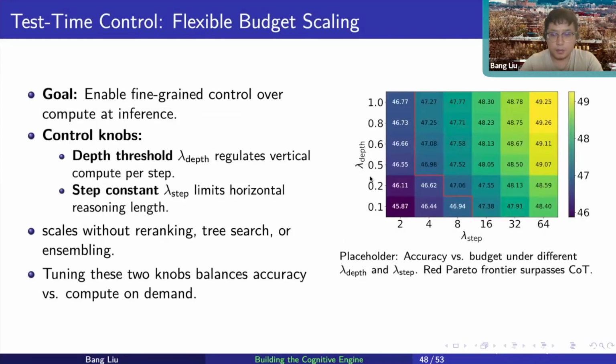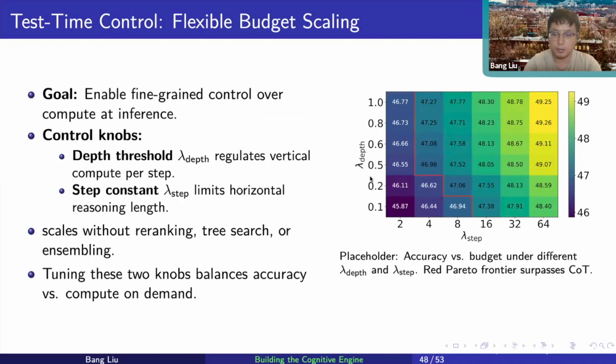Another key advantage is that we can easily control it. Let's say you have a memory reasoning model, as we described, then you have two buttons to control. One is called lambda depth, which is basically a threshold value. If the value is higher, your model must have a higher confidence to decide, okay, I know the answer, I can early exit.